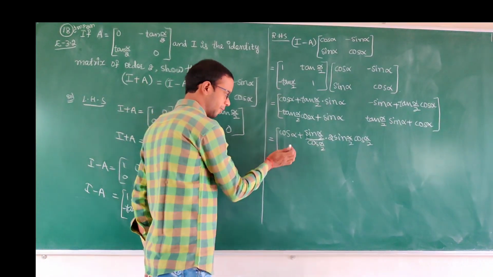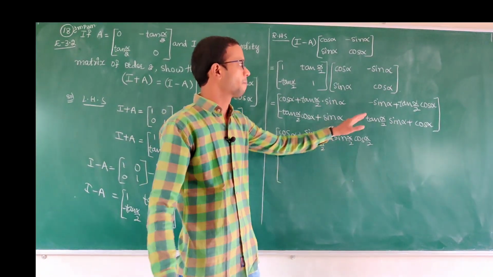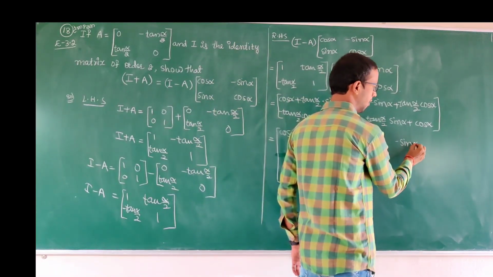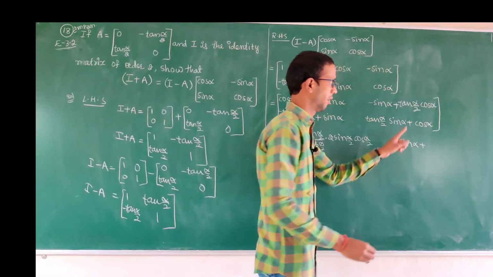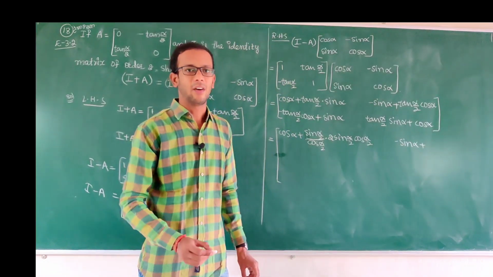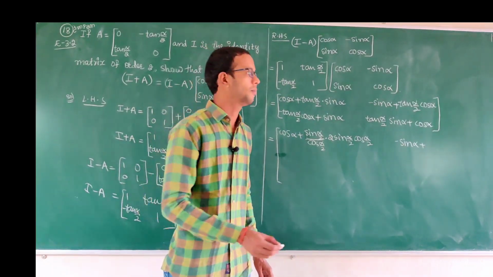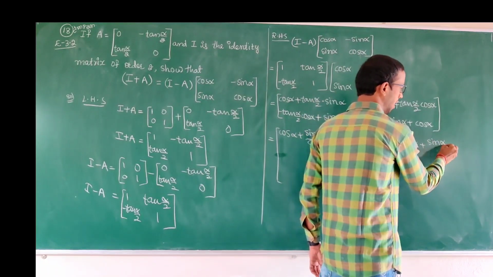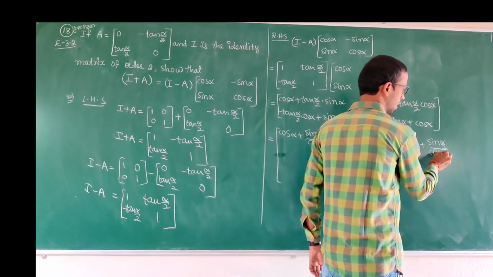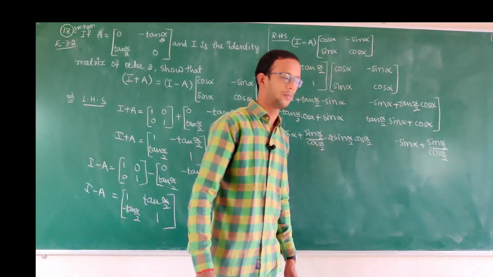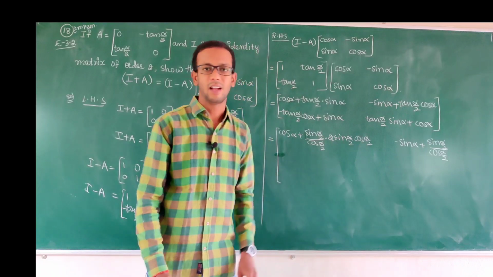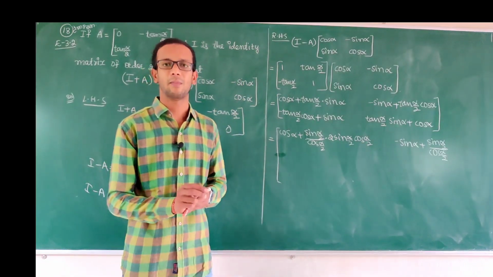Next, sin alpha as it is, minus sin alpha plus tan alpha by 2 here. Tan alpha by 2, how can we write? Tan alpha by 2 is sin alpha by 2 by cos alpha by 2, times cos alpha. Formulas for cos alpha are there.